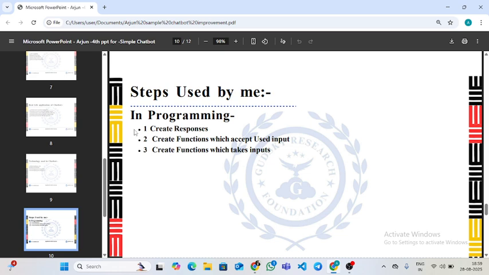And in responses there is also an else response, for when the chatbot has no matching response. Second is to create a function which accepts user input, and third is to create a function which takes inputs. I will explain these steps during the programming process.